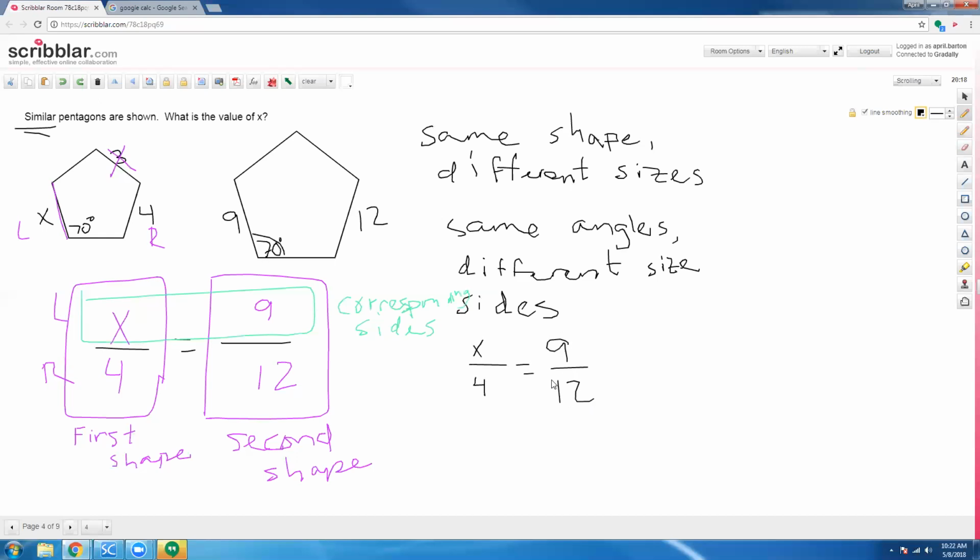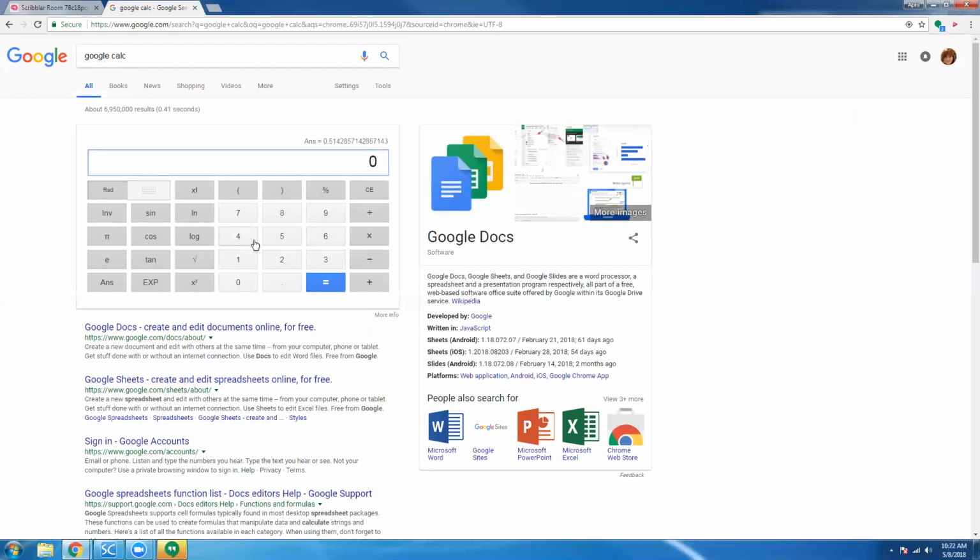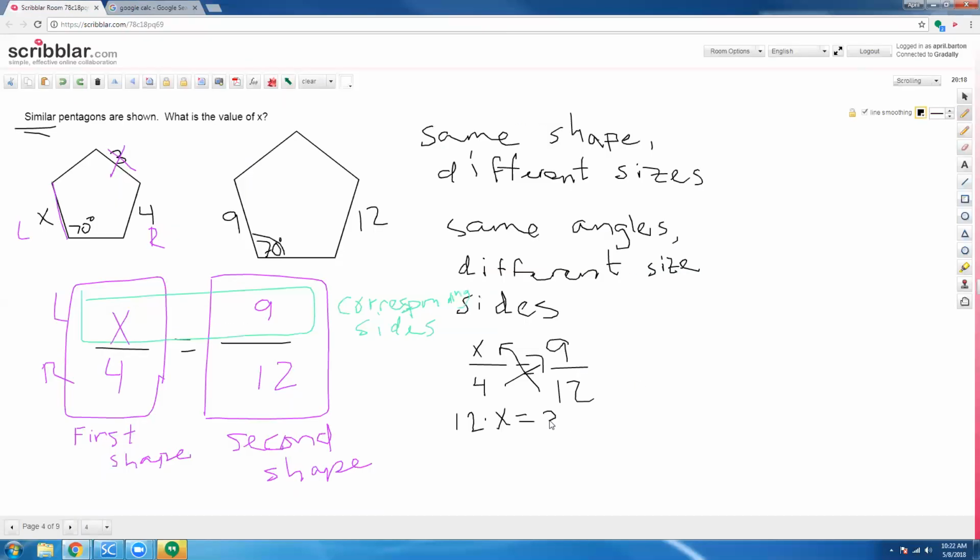But then we solve it the same way we've been solving all of the others. We cross multiply and solve. 12 times x is 12 times x. We can't simplify it. 4 times 9, you could write 4 times 9, or now that we're getting a little more practice, we could just do the multiplication. That gives us 36 and write down the answer.